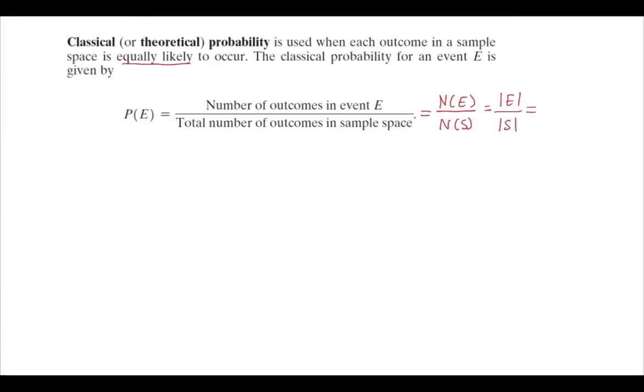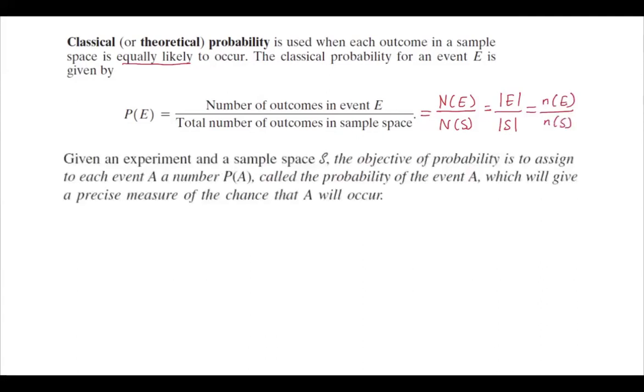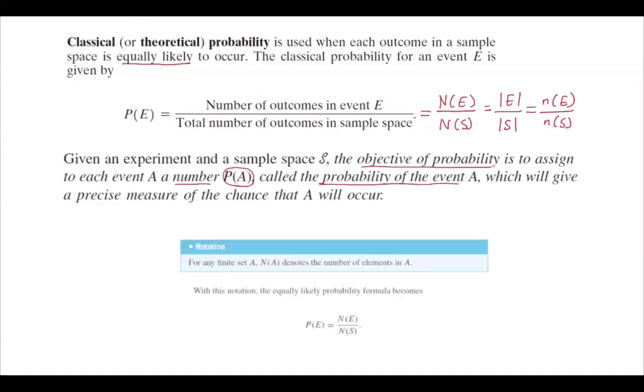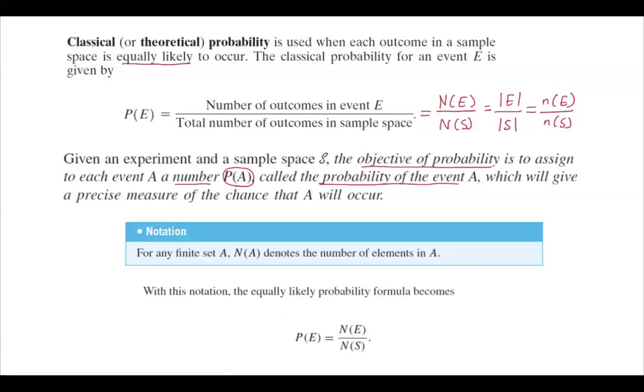In some books, you might see n of E divided by n of S. Given an experiment and a sample space like S, the objective of probability is to assign to each event A a number, P of A, that we call the probability of that event. So the probability of an event, in short, is mathematically written as n of E divided by n of S.